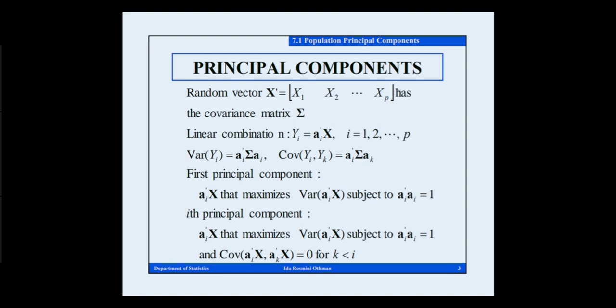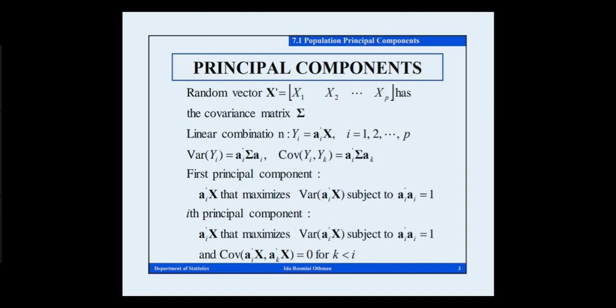And then we also have the linear combination, which is yi equal to ai transpose x. If you look at the textbook page 431, the linear combination is shown in equation 8.1 on page 431. So this linear combination is something you have learned before, or are familiar with, from the previous chapter.